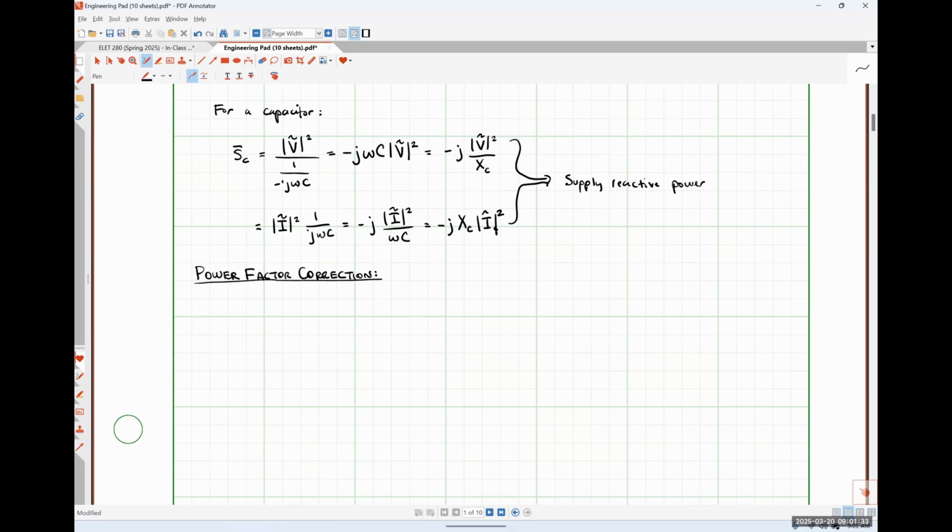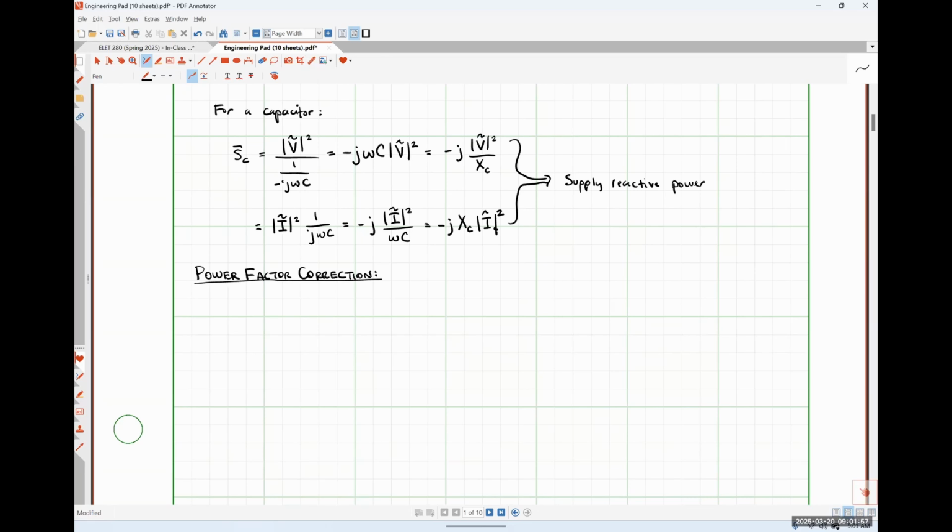And that threshold depends on the utility itself. Some utilities might use 95%, other utilities might use 97.5 or 98%. Generally speaking, the utility doesn't care whether you're operating at a leading or lagging power factor. They just want you to be very, very close to 1, okay?